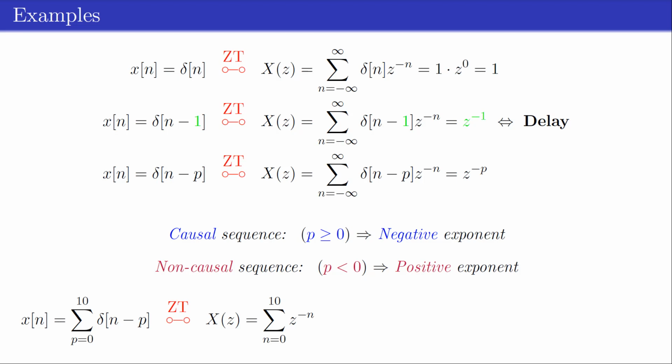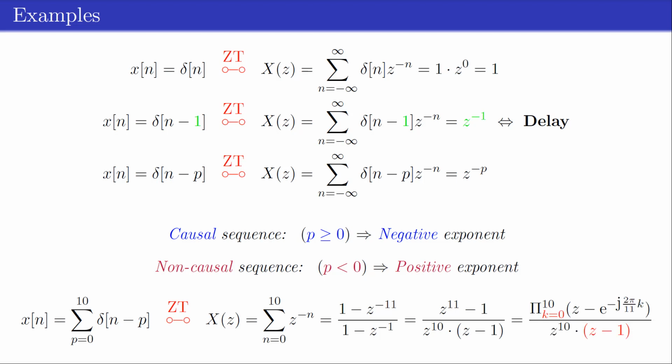The Z-transform X(z) of this function is the given finite sum of negative powers of z, which can be written as a quotient of the two given polynomials. By multiplying both numerator and denominator with z to the power 11, the 11th order polynomial of the numerator can be written as a product of 11 first order polynomials, from which the first term, for k is 0, writes as z minus 1.